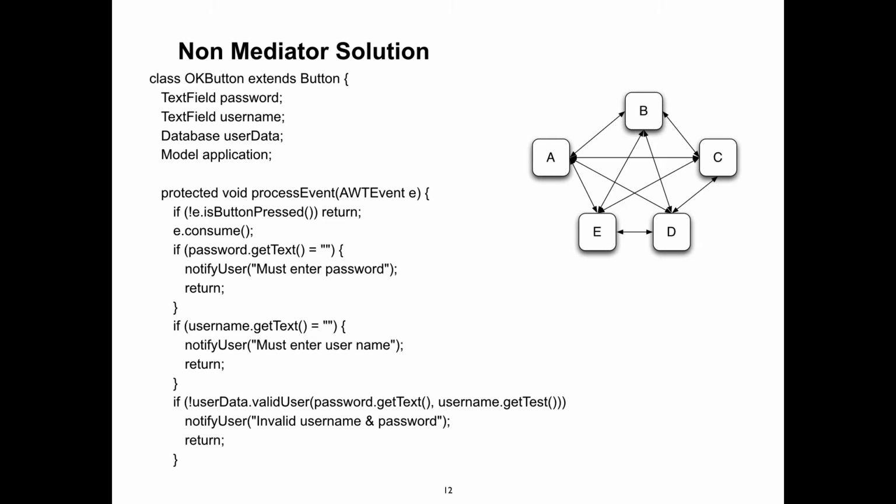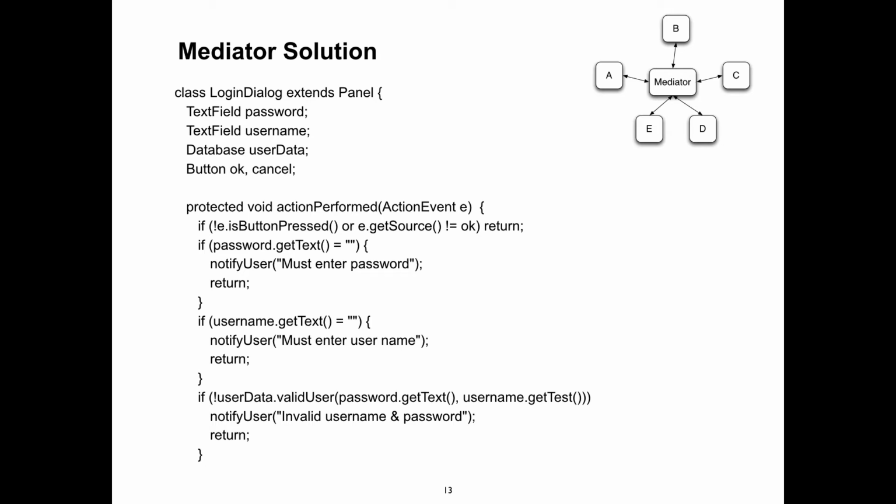It's like an okay button, and the button knows what should happen. Whereas here it's just, okay, I click on the button and it tells the mediator, right, I was pressed. Now that example looks like a controller. Right, yeah.